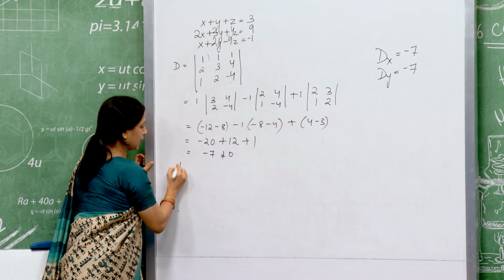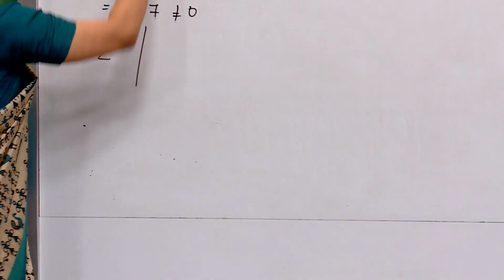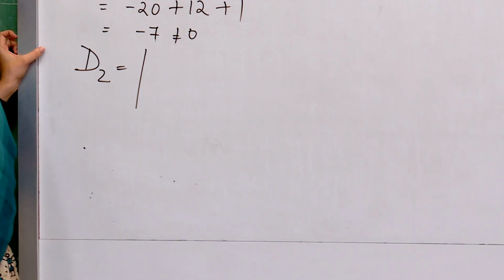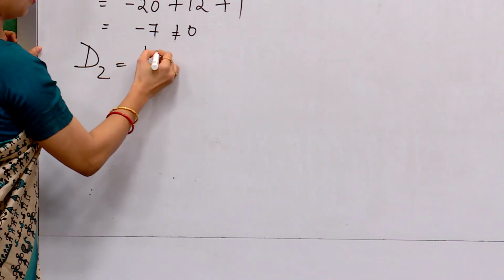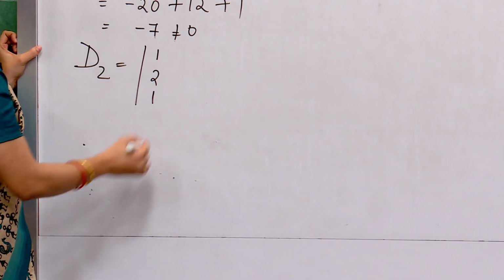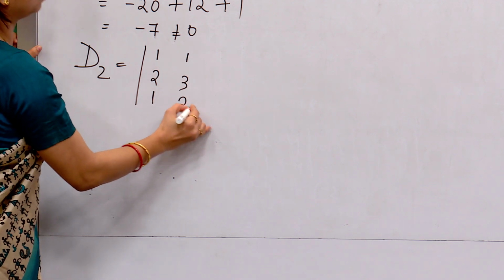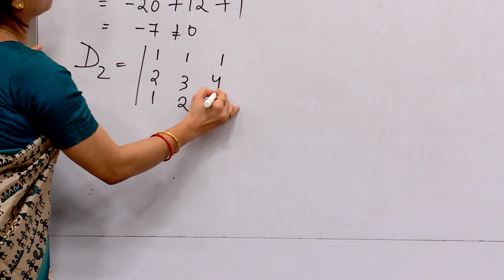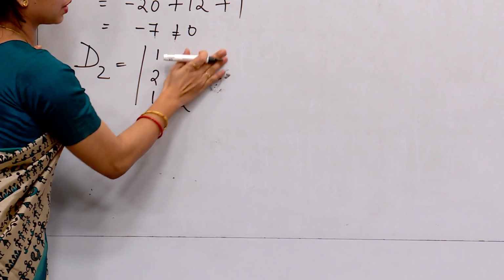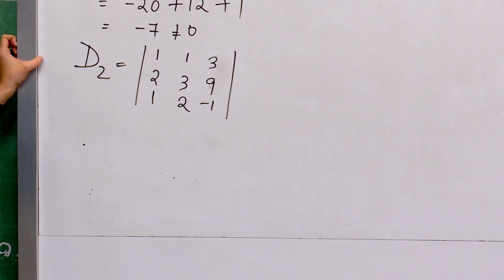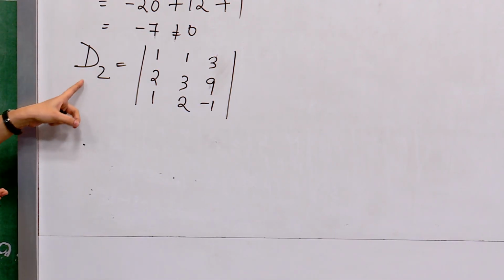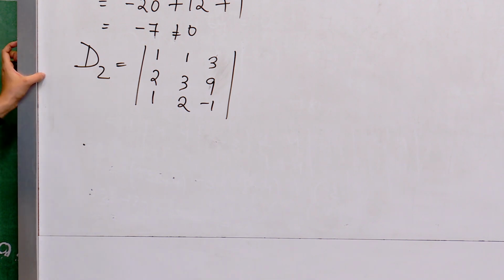So, the remaining coefficients remain the same. So, 1, 2 and 1, 1, 3 and 2, and 1, 4, which we have to substitute with known values. So, known values means 3, 9 and minus 1. Again we have to find out the value of the determinant dz by expanding it along row 1.